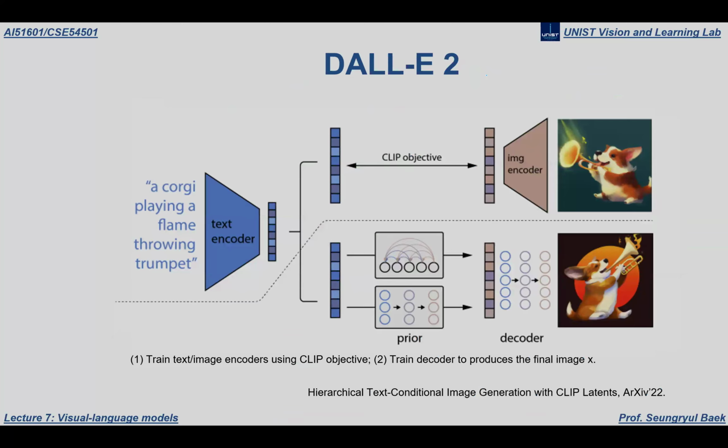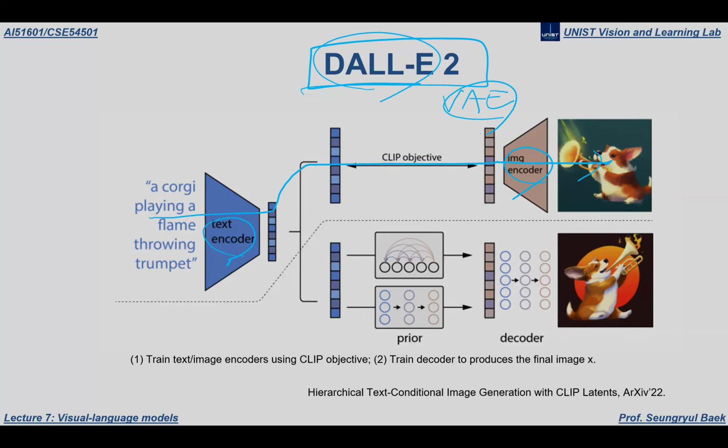Okay, so DALL-E version 2 is similar to DALL-E version 1 in the sense that they are using a text encoder and an image encoder. These architectures are similar to the VAE, which is used for DALL-E version 1. But now they are applying the CLIP objective instead of the VAE rules.